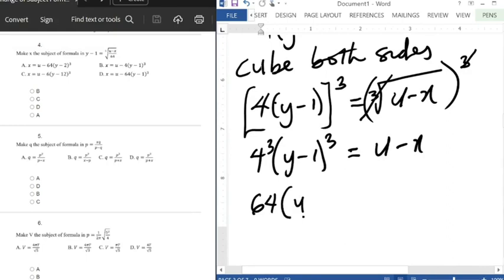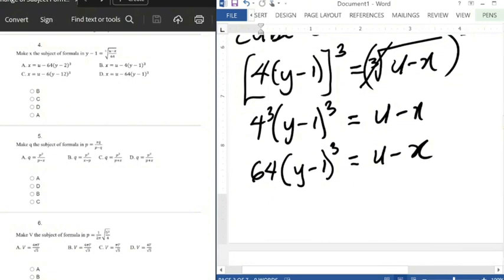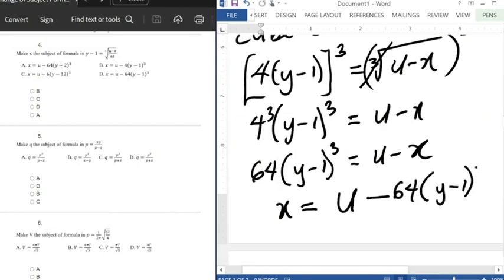Then bracket y minus 1 cubed is equal to u minus x. So it is x we are looking for, and it is negative here. So let's take it to the left hand side. And that's going to give us x equals u minus 64, everything I will bring to this side, 64 into bracket y minus 1 cubed.